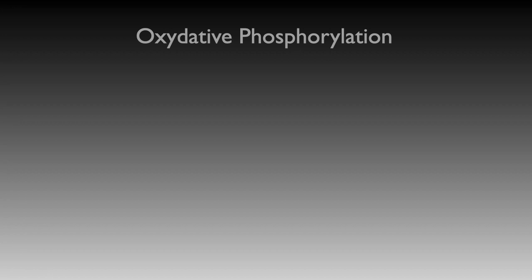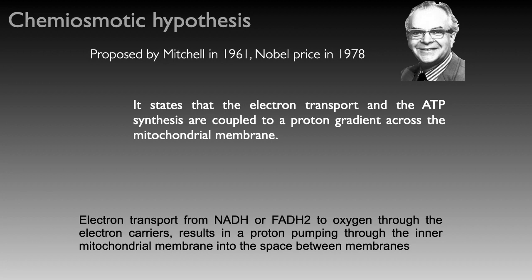Okay, let's see now how ADP is phosphorylated to ATP, which is the final objective of all these processes. How this happens is based on what we call the chemiosmotic theory. It was proposed by Mitchell in 1961, and he won the Nobel Prize later on for his proposal.